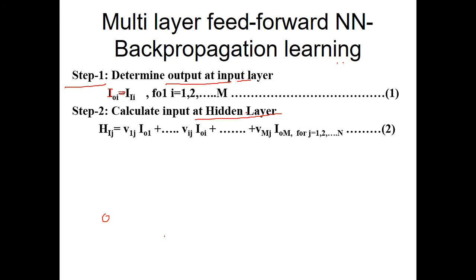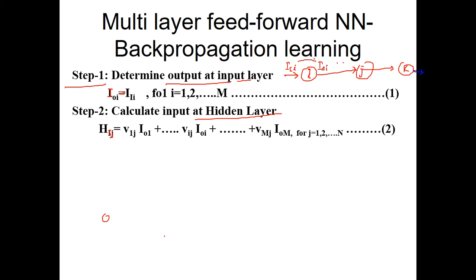Coming to the hidden layer, compute the total input at jth node of hidden layer, total input. So ith layer, jth layer and kth layer. So the input I directly goes to IOI.